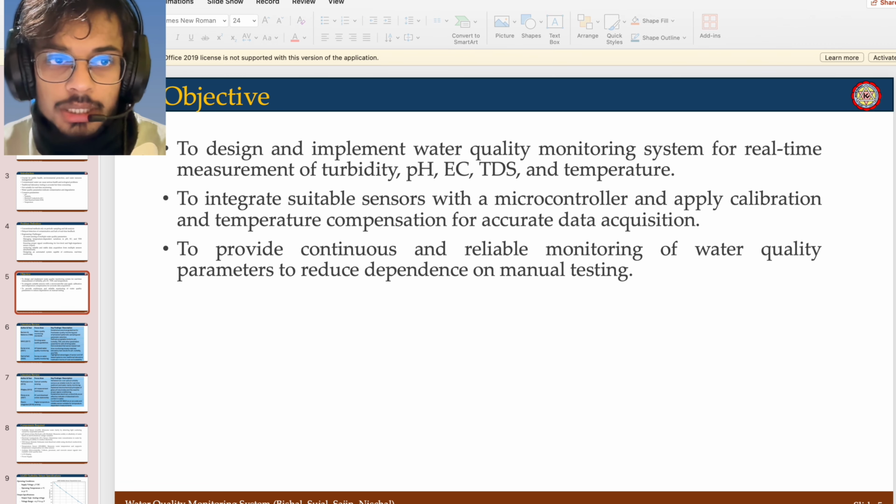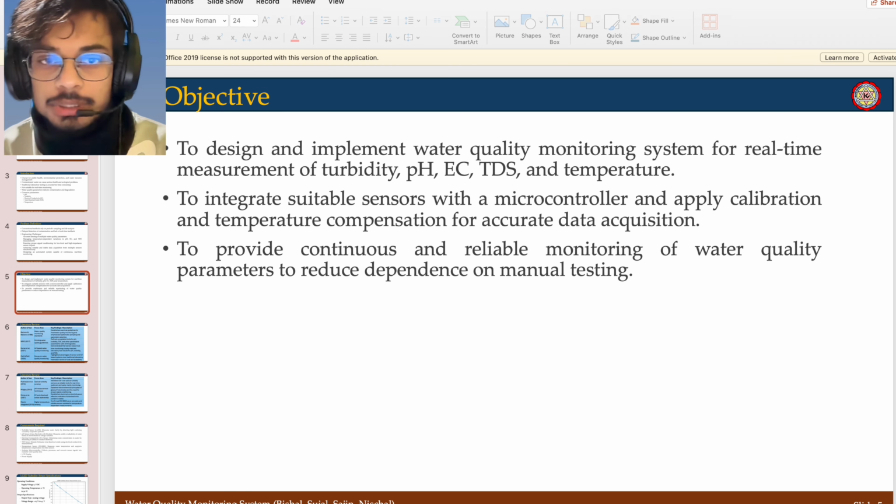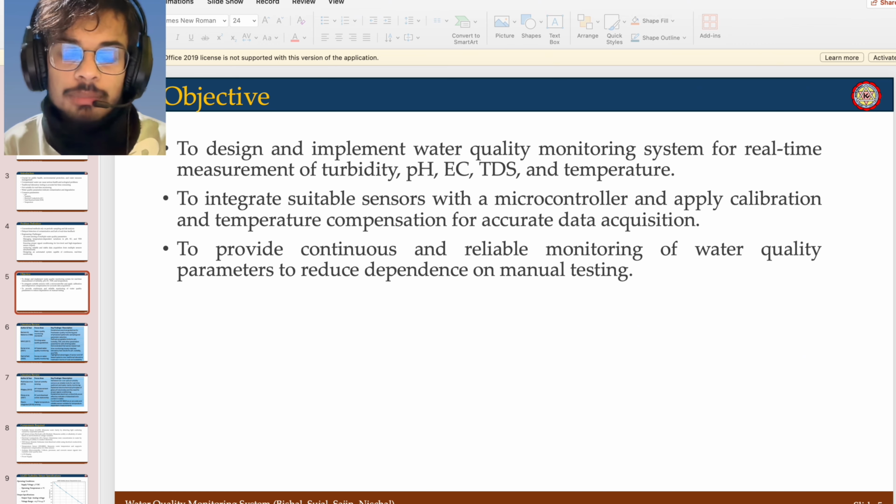We are going to make a water quality monitoring system where we will measure five parameters: turbidity, pH, EC, TDS, and temperature. Based on these parameters, we will determine the quality of the water.